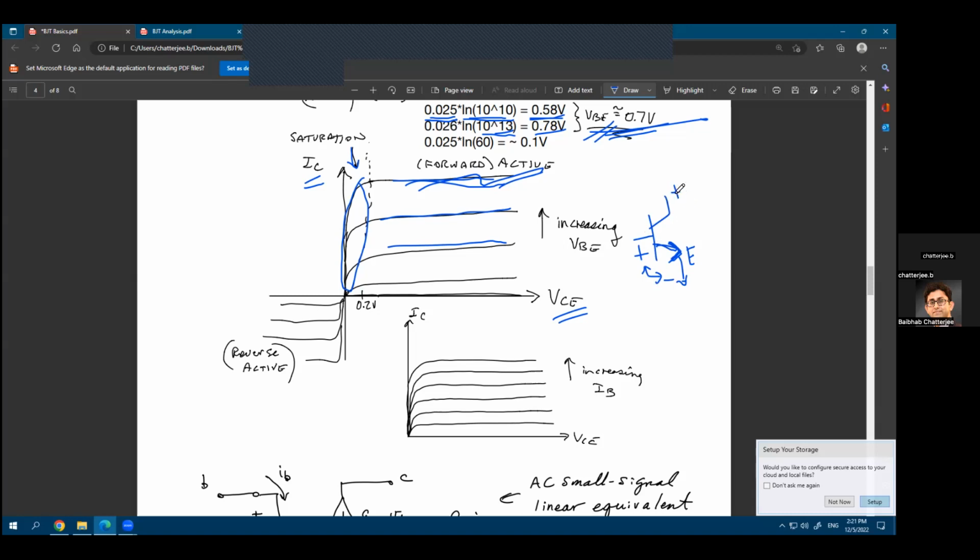But if the collector voltage is not high enough, all the carriers that have been emitted and that have been accumulating at the base, those carriers cannot be collected at the collector side if the collector voltage is small. You're not providing enough positive voltage for the electrons to pass from base to collector.